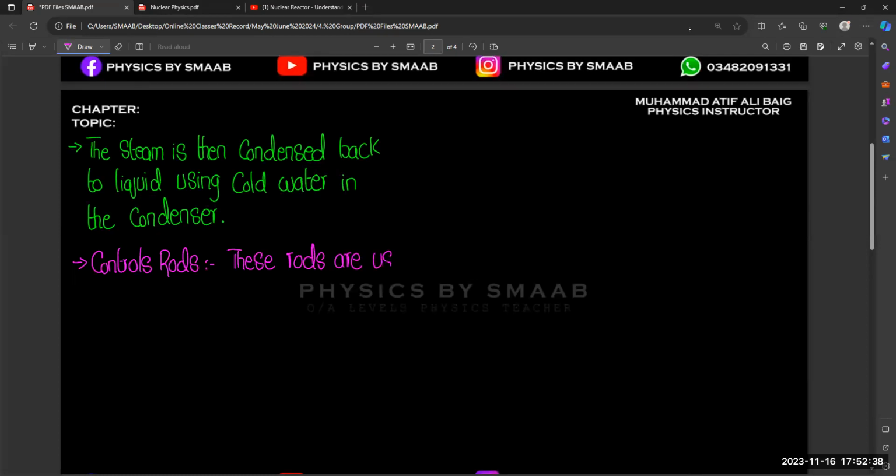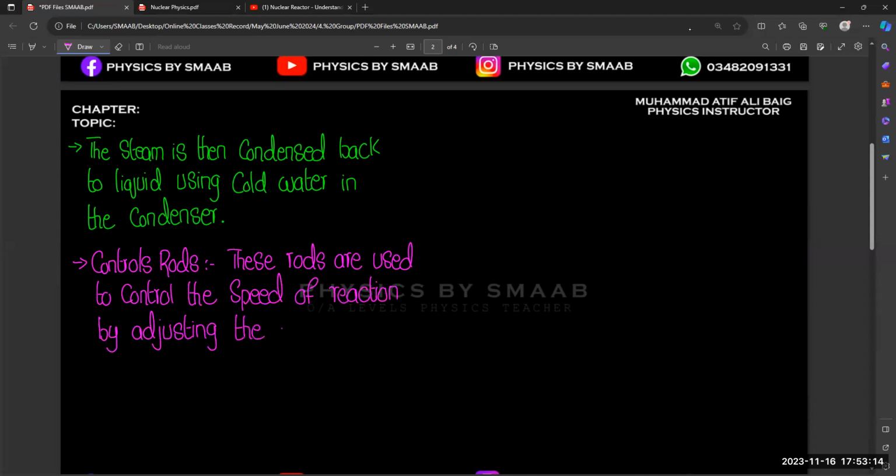So these rods are used to control the speed of the reaction by adjusting the quantity of neutrons in the water or in the reactor. Clear? Any confusion?